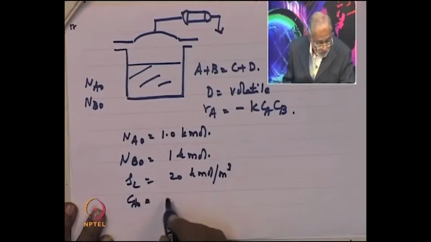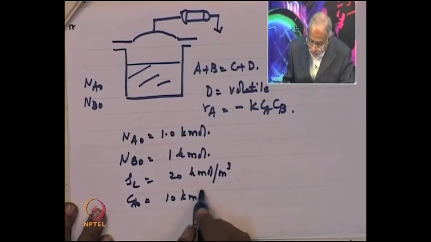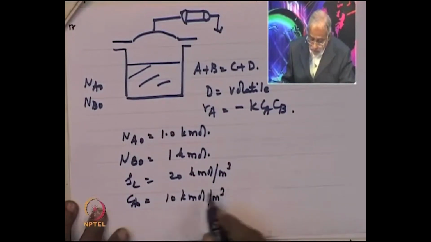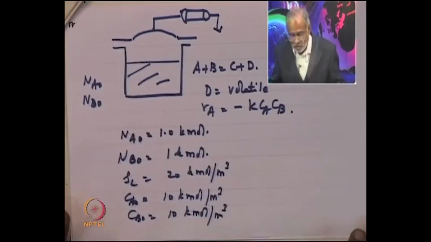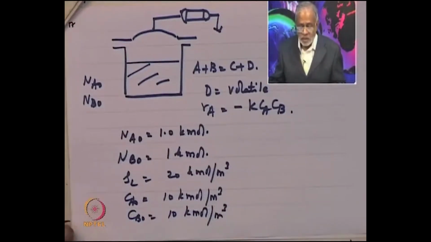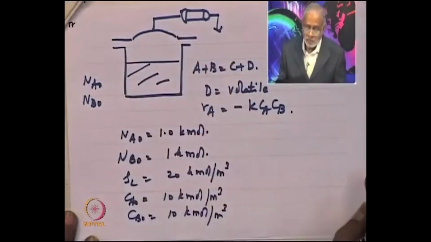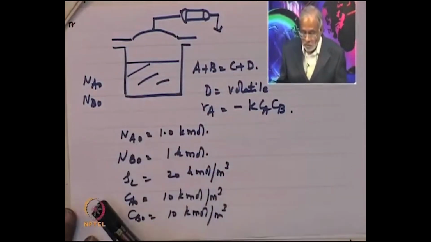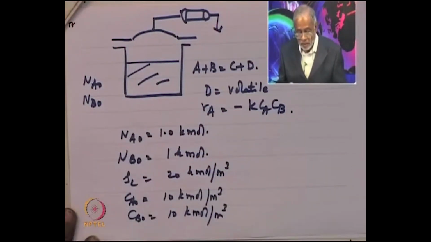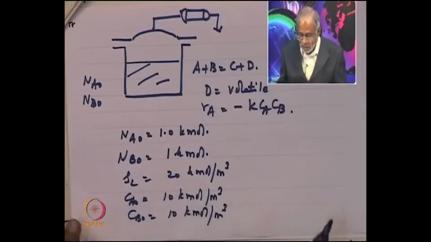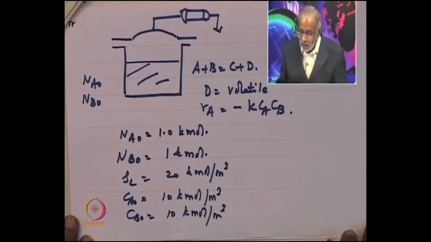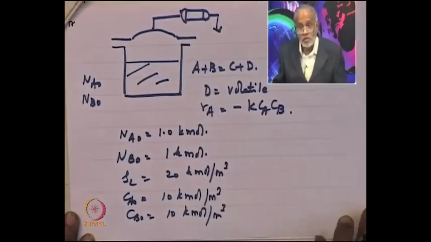Ca0 is given as 10 kilomole per cubic meter, and Cb0 is also given as 10 kilomole per cubic meter. The problem statement is that you have a batch equipment in which you have Na0 moles of A and Nb0 moles of B, the fluid mixture density is 20 kilomoles per cubic meter, and Ca0 and Cb0 are given. And this is the reaction A plus B going to C plus D.